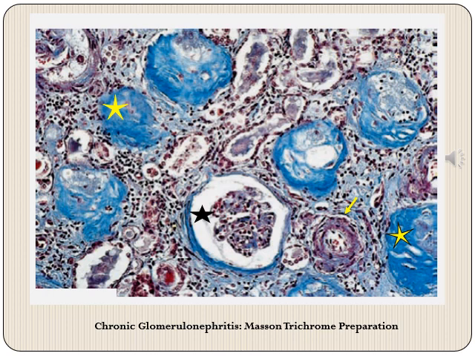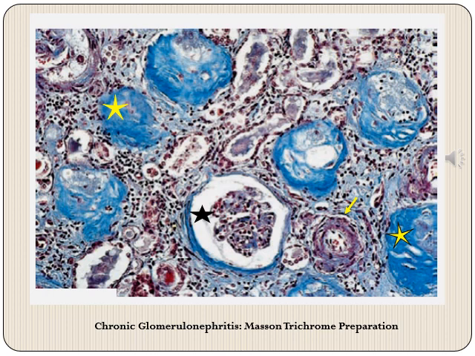In the center we have this normal glomerulus, which is highlighted by this black colored star, and all the rest of the glomeruli, some of which are highlighted here by these yellow colored stars, are completely obliterated or sclerosed, and they have become completely blue because of presence of collagen. Then in the interstitium we can see these blue colored small dots. These are chronic inflammatory cells comprising lymphocytes and monocytes.